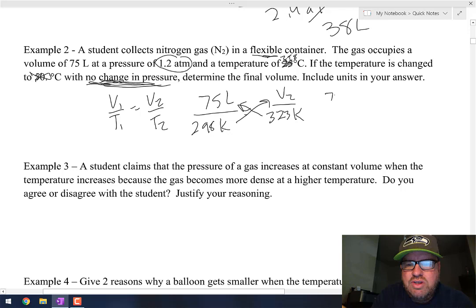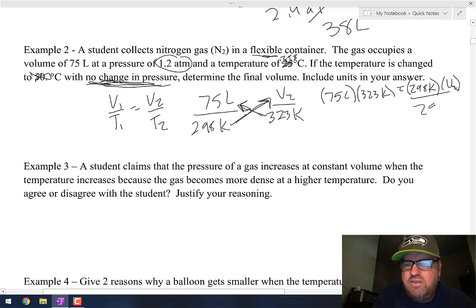Okay, and now to get V2 by itself, I'm going to cross multiply, and I'm going to divide. So that makes it 75 liters times 323 Kelvin. I cross multiplied and I move that 323 up there. I do the same thing. I move the 298 Kelvin over here times V2. And then to get V2 by itself, I'm going to divide both sides by 298.